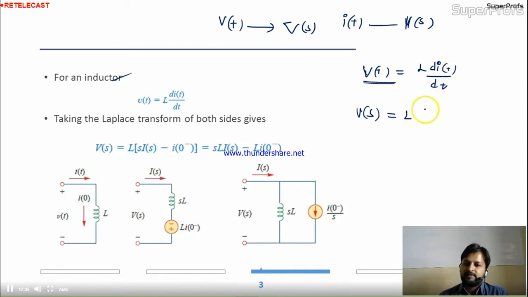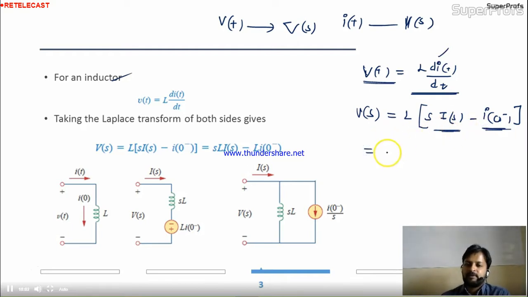When you apply this, if you remember, this will become sI(s) minus I0. I think you have done this in mathematics, the Laplace transformation. The transform of the differential of order 1 is nothing but sI(s) minus the initial condition. So if you open this, it will become sLI(s) minus LI0. Is it okay? This is nothing but V(s).